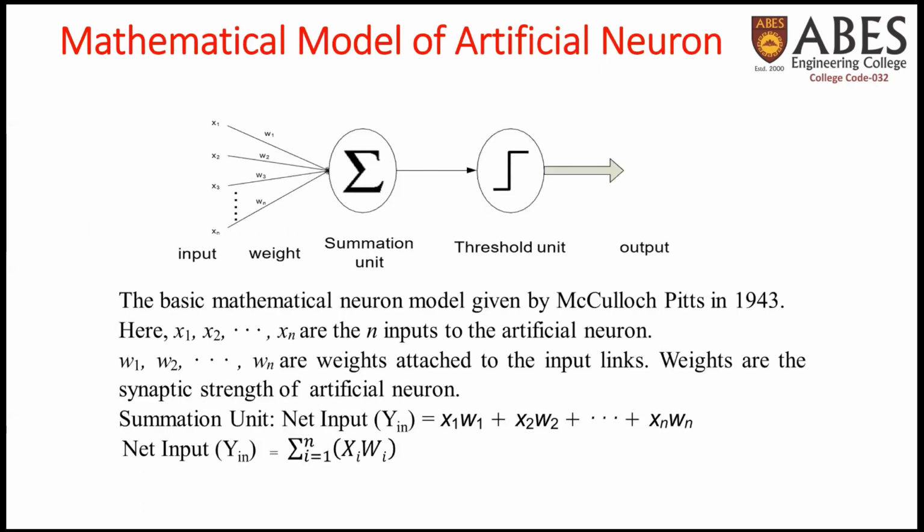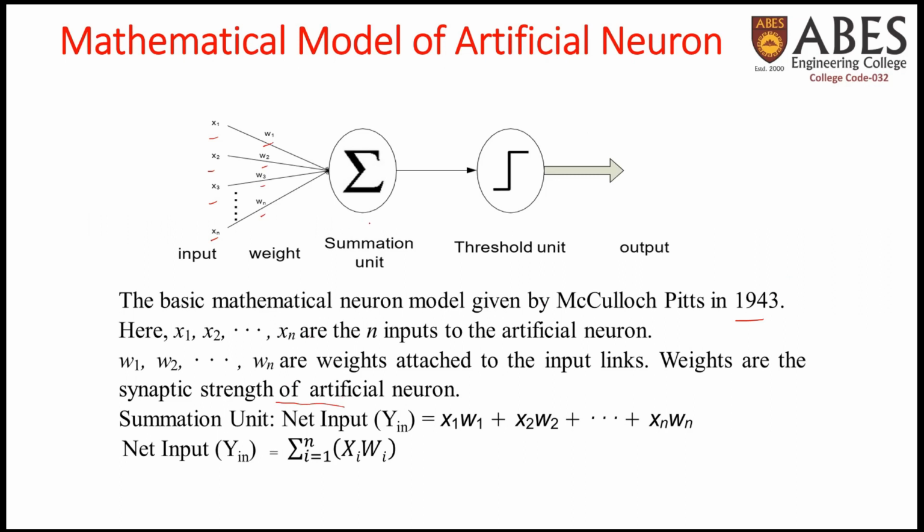Then the mathematical model of artificial neurons. So the basic mathematical neuron model was given by McCulloch and Pitts in 1943. This is the neuron having inputs x1, x2, x3, and xn. These are the weights associated with these inputs: w1, w2, w3, wn. Weights are the synaptic strength of artificial neurons.